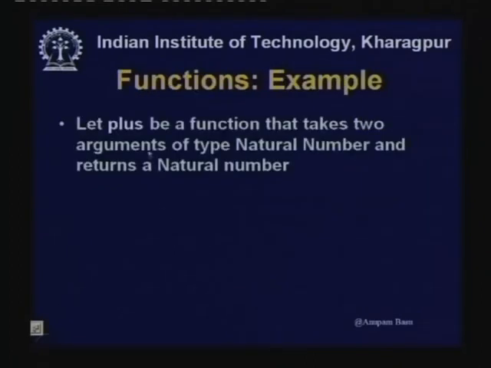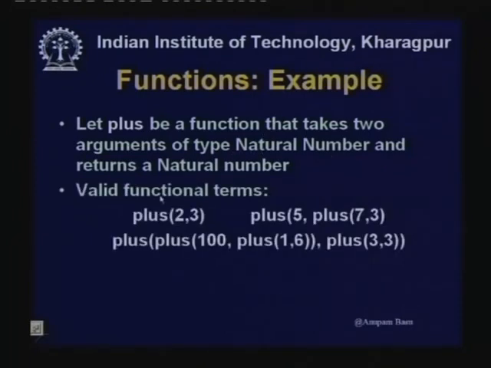Now, let plus be a function that takes two arguments of type natural number and returns a natural number. If that be my definition, then plus 2 3 is a valid function.